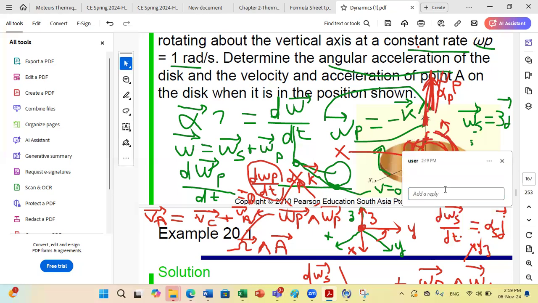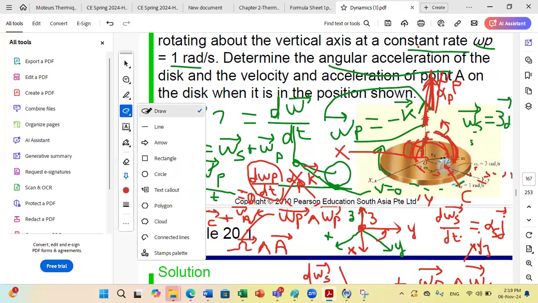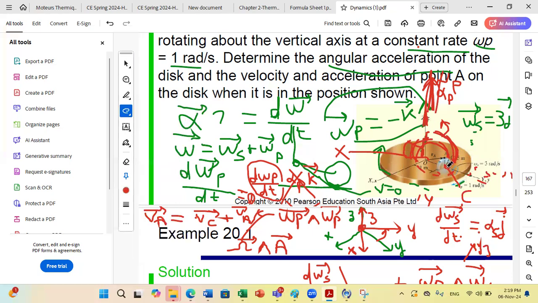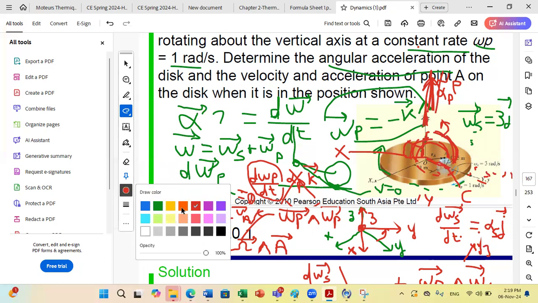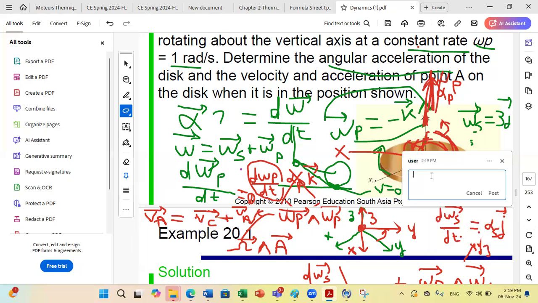Sorry, 1 second. If you want to annotate what is happening: the velocity should be perpendicular to the axis of rotation. So if we say the axis of rotation is along y, the velocity should be perpendicular to the axis of rotation and directed along positive i, because omega is rotating in the direction shown here, like this.